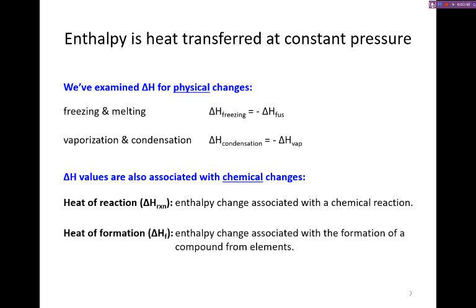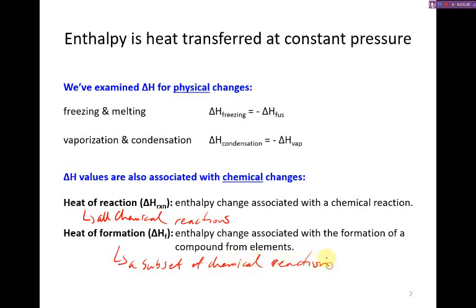Or it can be the heat of formation, and this is a specific type of chemical reaction, where we form a compound using elements. So to summarize, this is all chemical reactions, and this is a subset of chemical reactions, a specific kind.